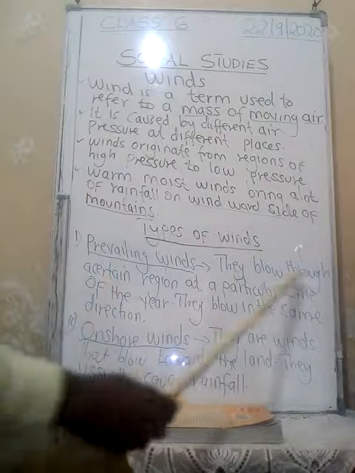So for types of winds, one of them is prevailing winds. Prevailing winds have specific characteristics. They blow through a certain region at a particular time of the year. If maybe these prevailing winds always blow during September, they will only blow during September, and after that period they end until the following year.